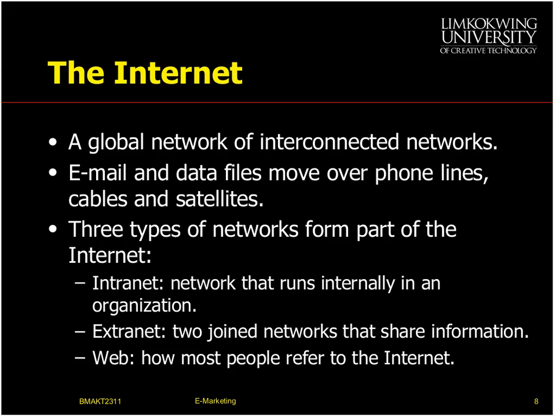So we have three types of networks as parts of the internet. You have intranet, which is a network that runs internally in an organization. We see each organization, for example, Ministry of Finance, Ministry of Education, Ministry of Higher Education, Ministry of Internal Affairs, all of them can have their own network, and this is within an organization. That certain network we call intranet.